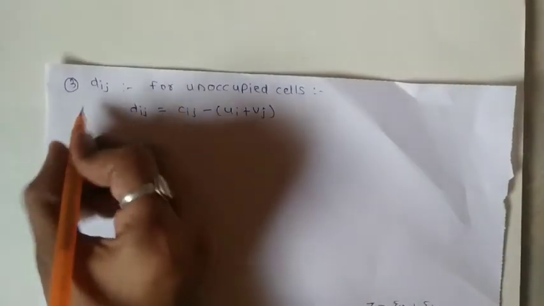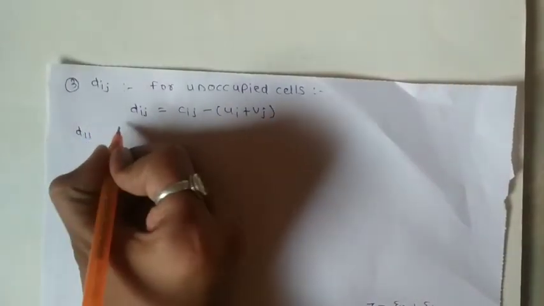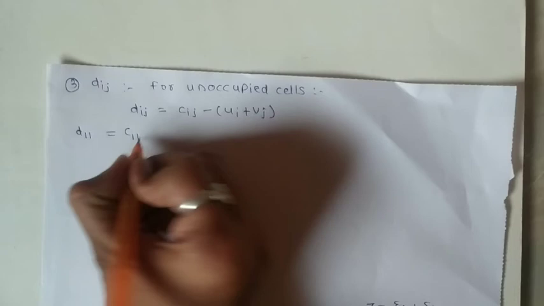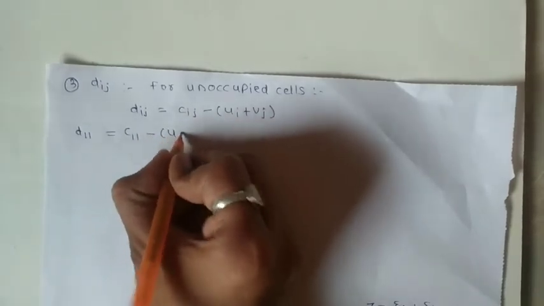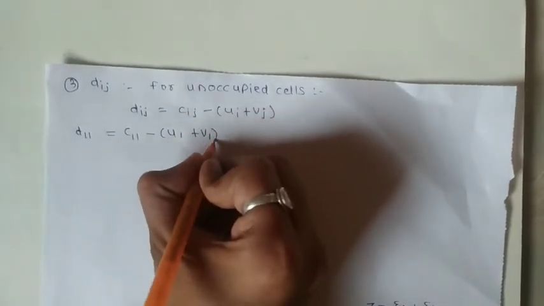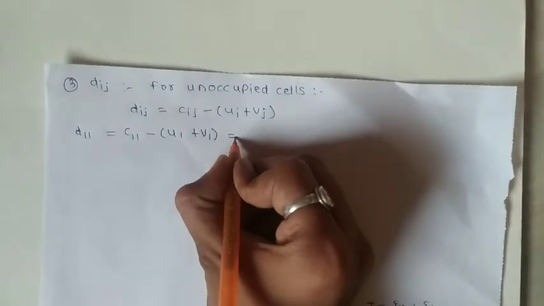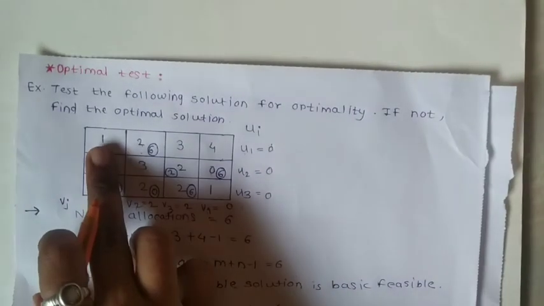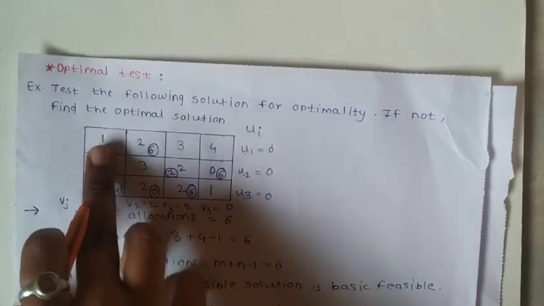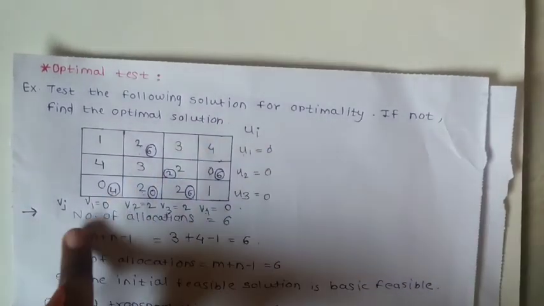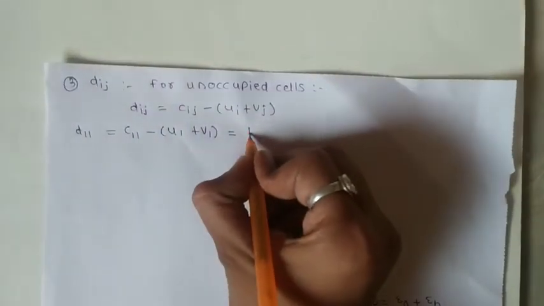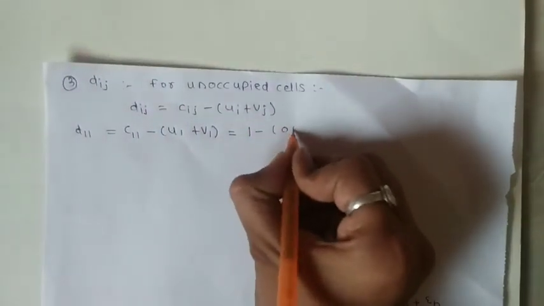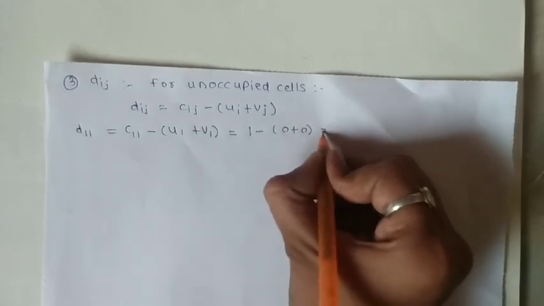So first, D11 equals C11 minus U1 plus V1, so 1 minus 0 plus 0 equals 1.